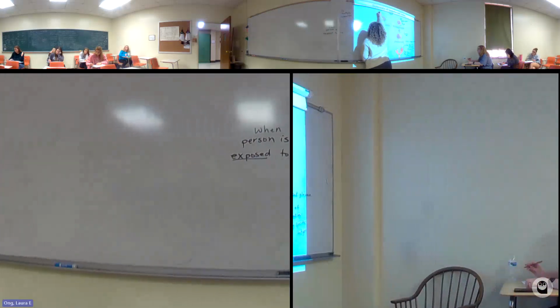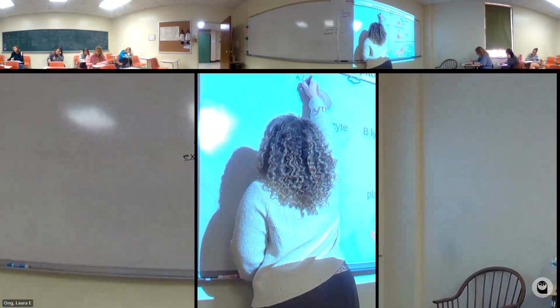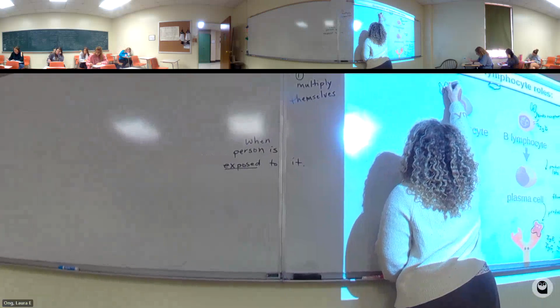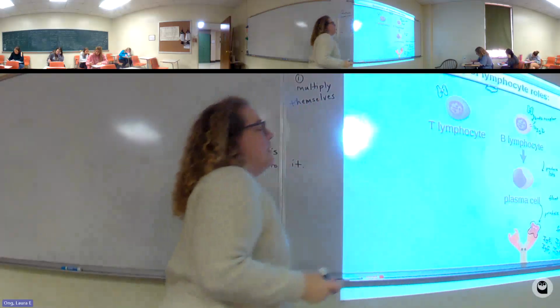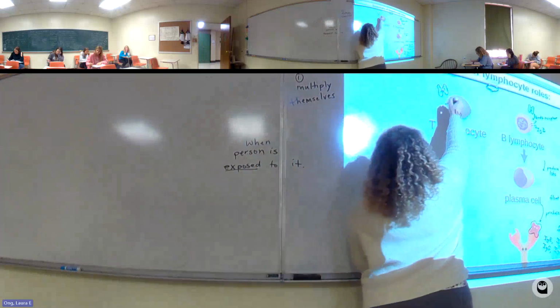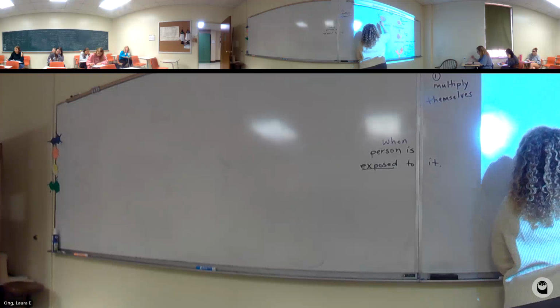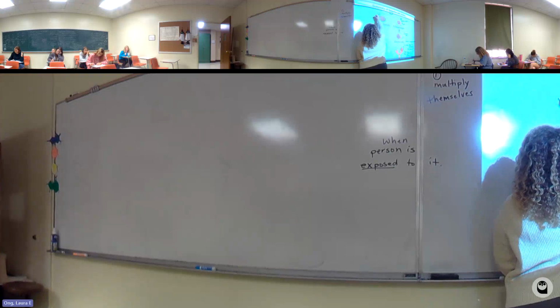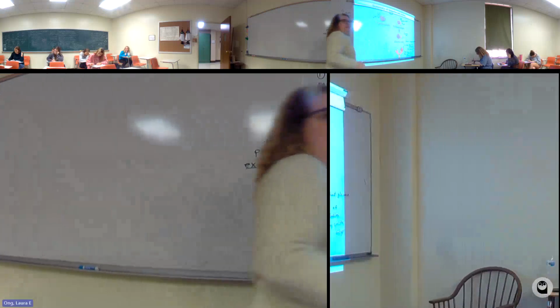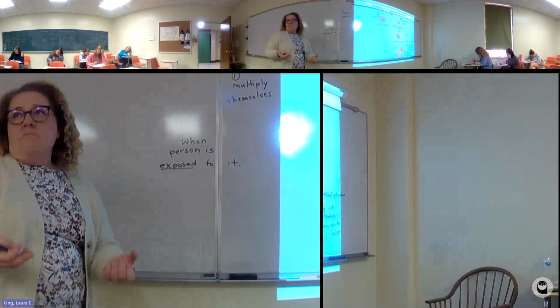At the same time, the same antigen, grumpy tooth there, would be able to also bind some T cell receptors. So those would bind and activate a T cell also.